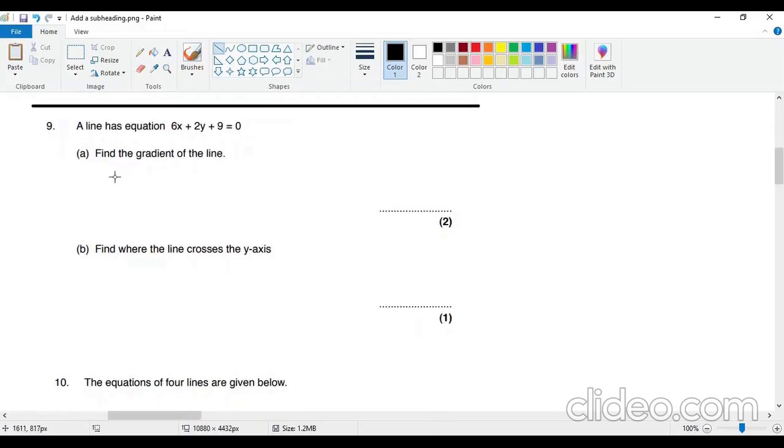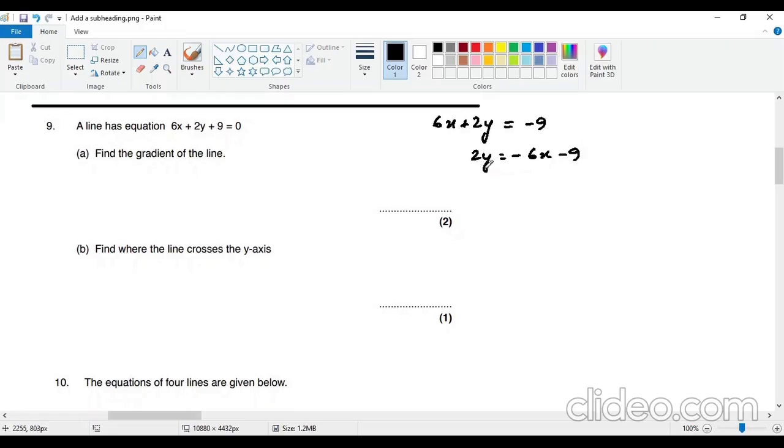The line has an equation 6x plus 2y plus 9 equals 0. Find the gradient of the line. So you always remember that you bring it into the standard form of linear equations. So 6x plus 2y equals negative 9, and 2y equals negative 6x negative 9.